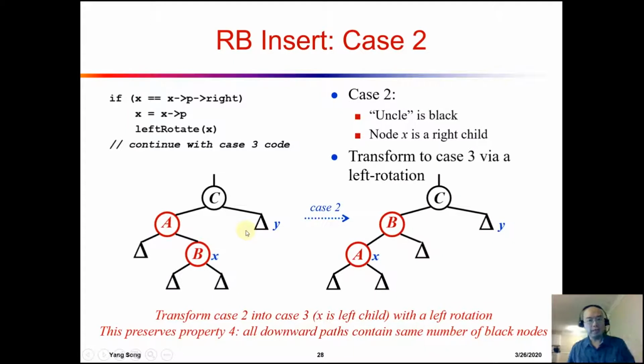So you may ask, why is it a triangle? Think about it: before we inserted X, what was this tree like?